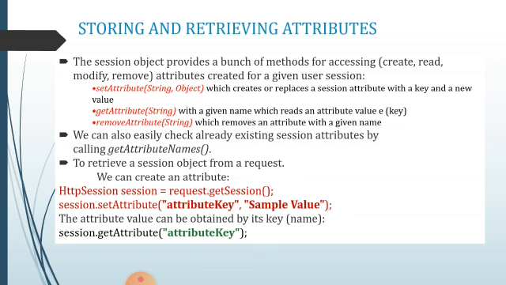Okay, these are the two lines of code used to set attributes. The attribute value can be obtained by its key, that is the name; it is accessed by the session name. Once the session is started, it is created with the help of a name, and with the help of the name it will be accessed.